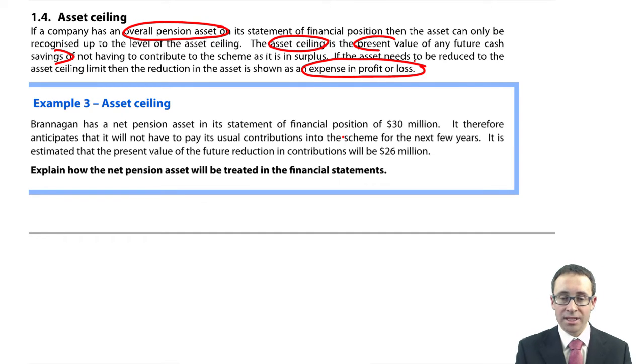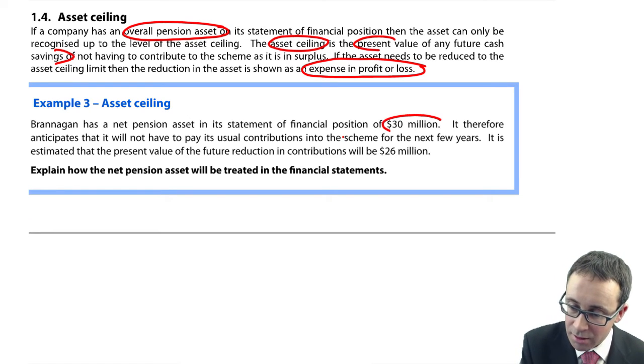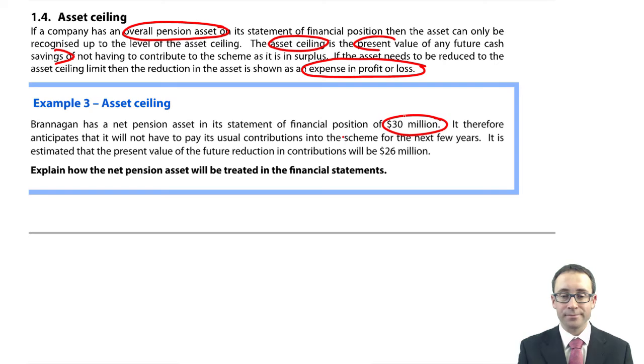But in terms of the numbers, it says here Brannigan has a net pension asset in its statement of financial position of 30 million. It therefore anticipates that it will not have to pay its usual contributions into the scheme for the next few years. So what you're looking at there is that we are making savings into the future because we are not having to contribute into the scheme because it is in surplus.